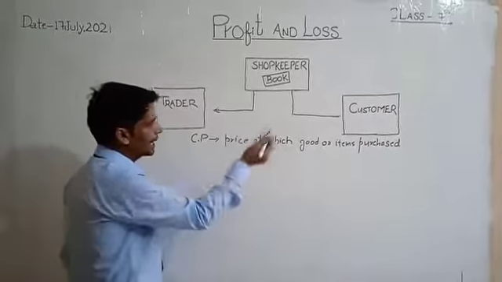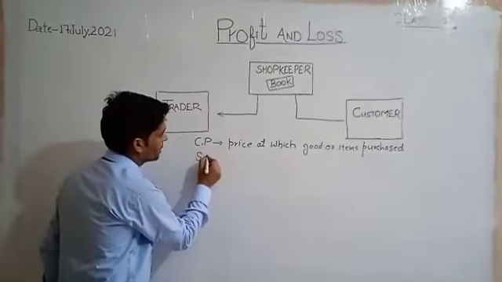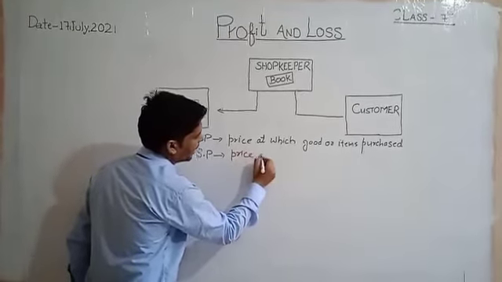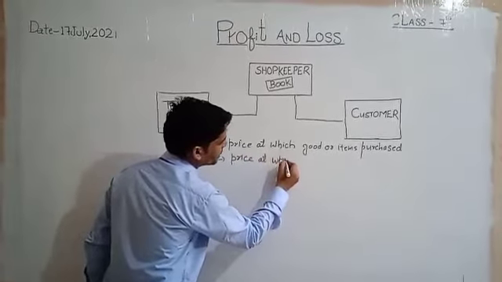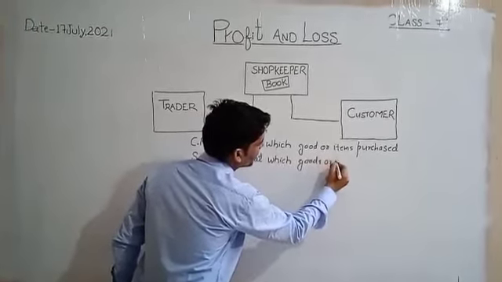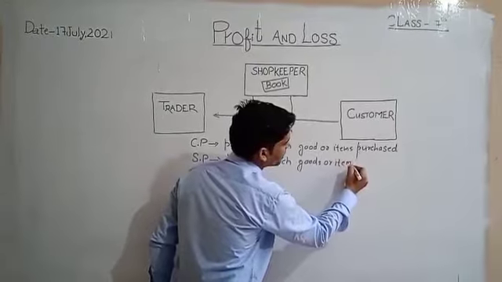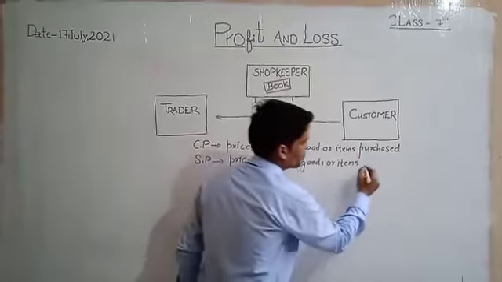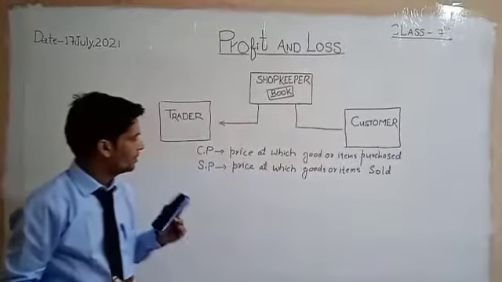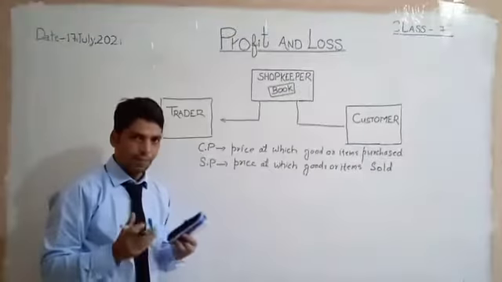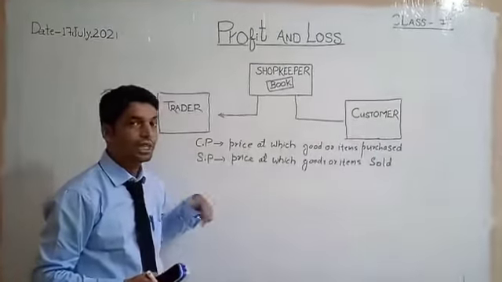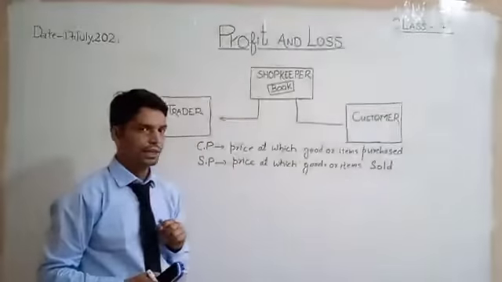And selling price, what is the selling price? The price at which goods or items are sold, that is called your selling price. Simply, if you purchase something, that is your cost price. If you sell something, that is your selling price.